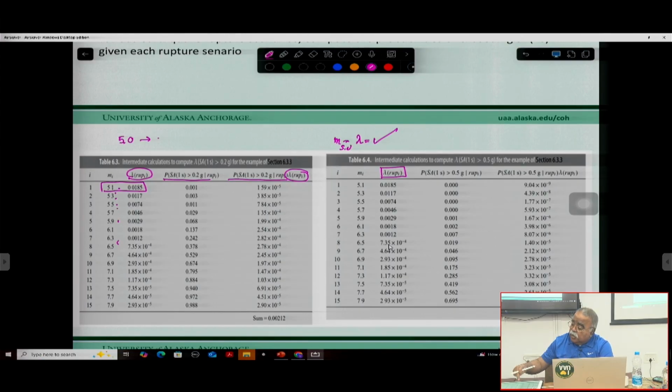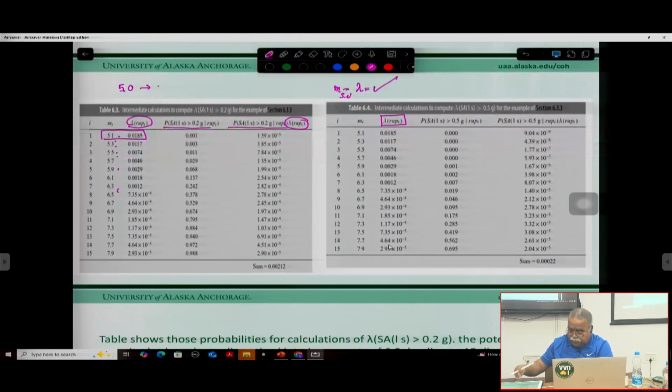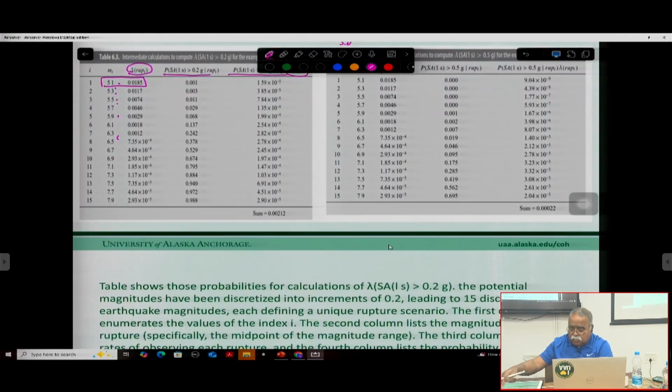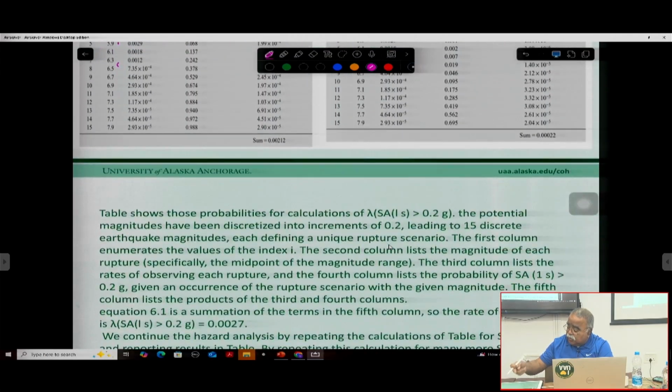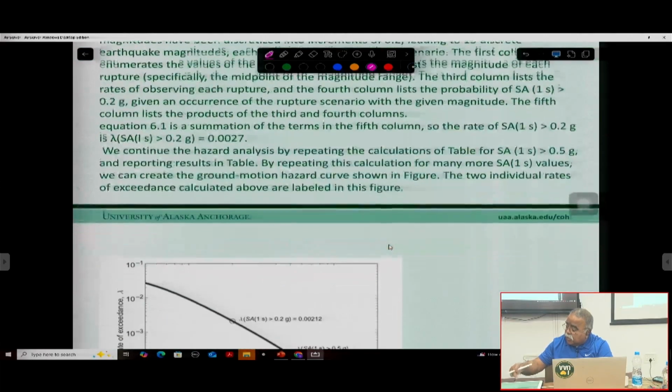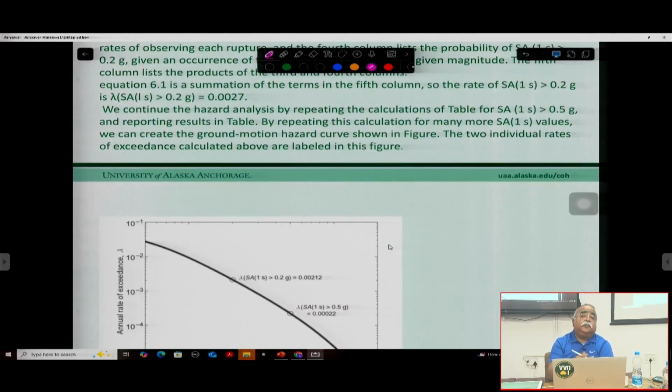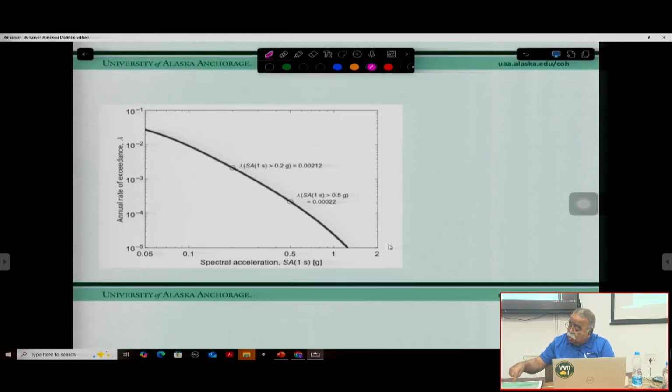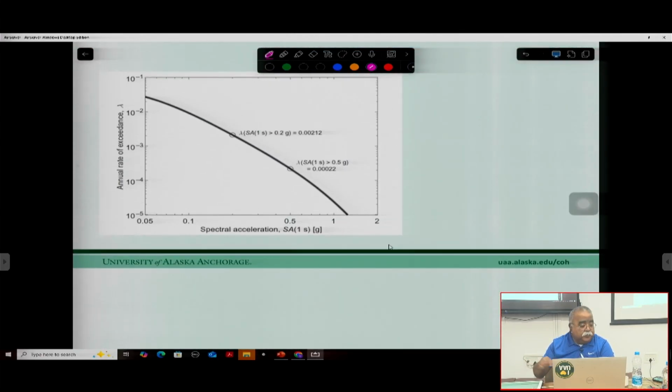Okay, and I will show you in one of the tutorials how to get these numbers. We can calculate by any ground motion prediction equation, with your magnitude, the distance and the type of the fault, and you can create all the intensity measure values, right?